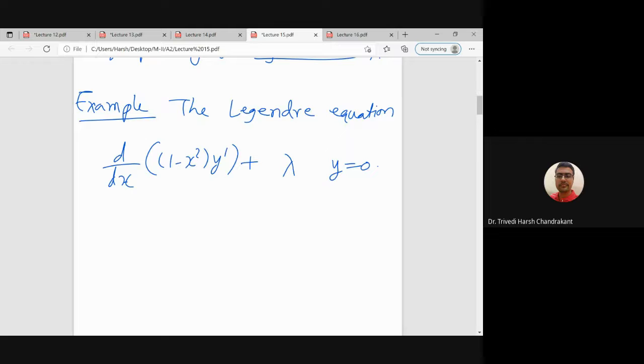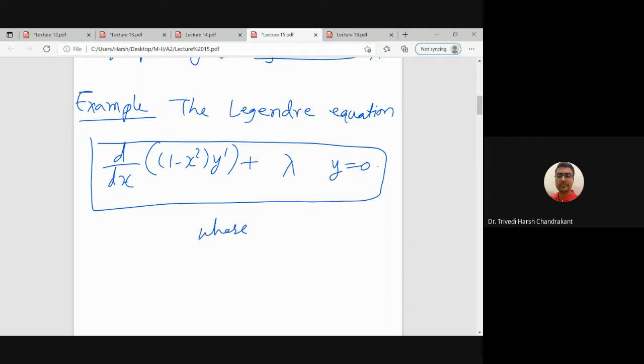Right. So this is a general Legendre equation where we know that in the Legendre equation lambda is equal to p times (p plus 1).